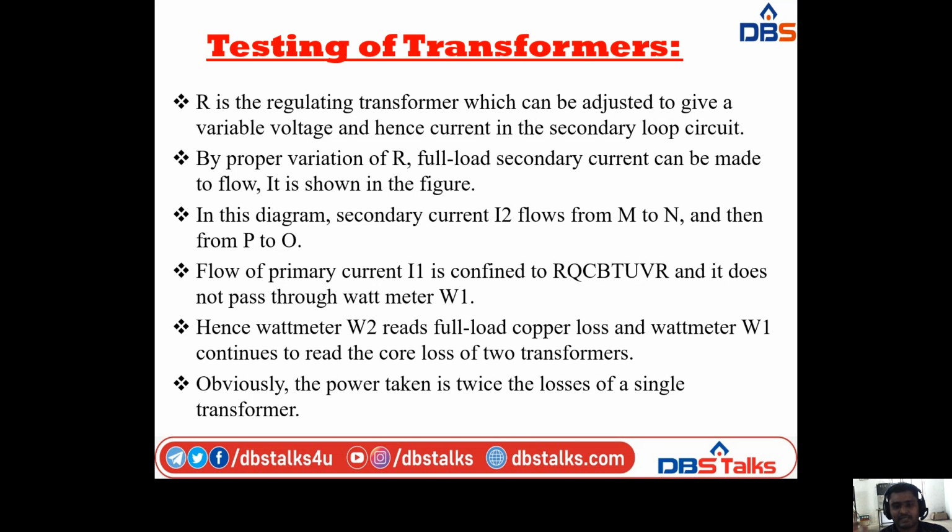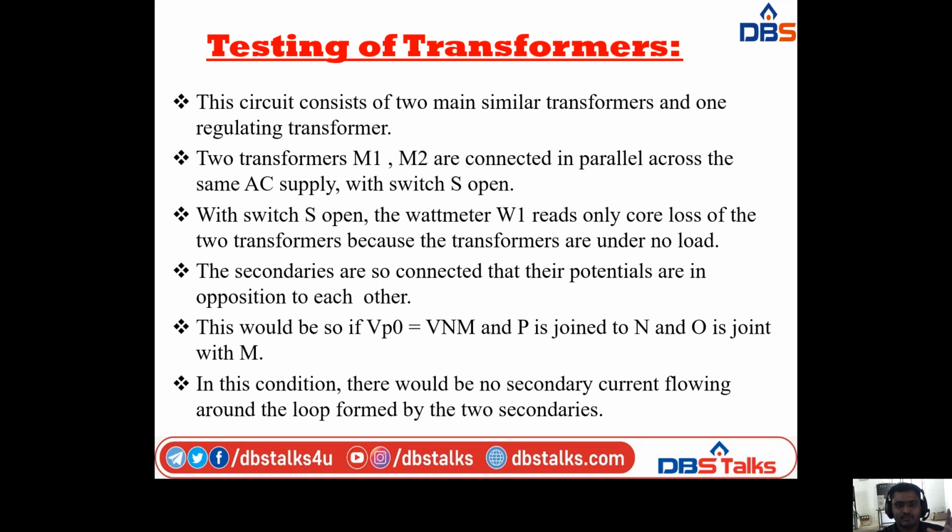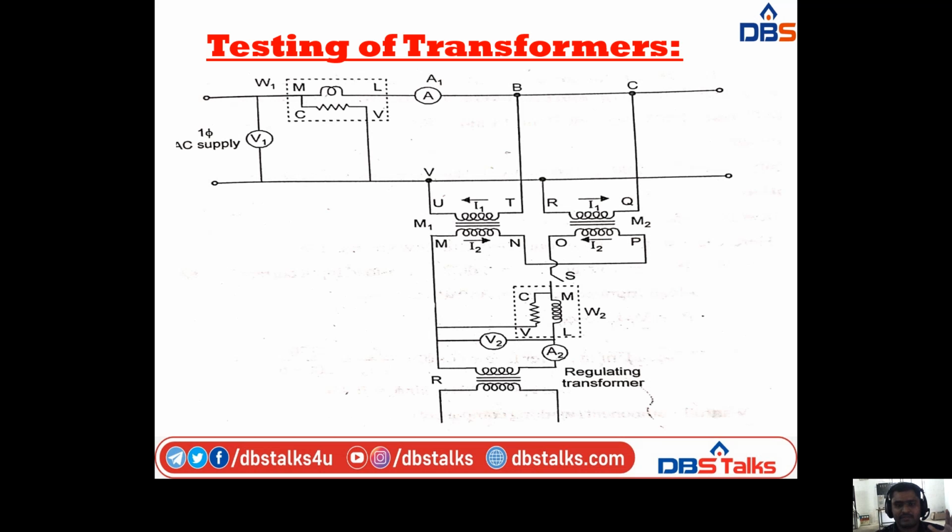In this diagram, the secondary current I2 flows from M to N and then P to O, like that from the secondaries.